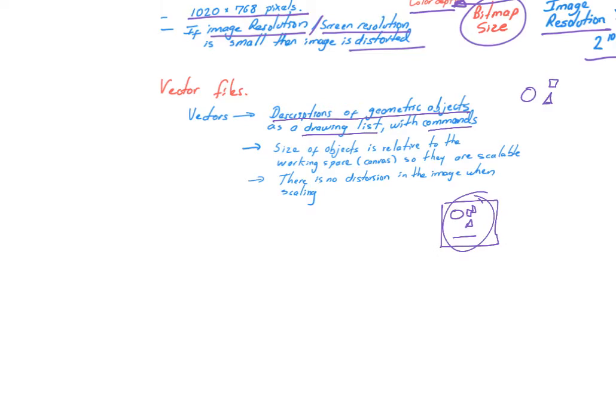Now, one advantage of that is that you can change the size of the objects because they are relative to the canvas. And another thing is that if you scale those objects, there is no distortion.